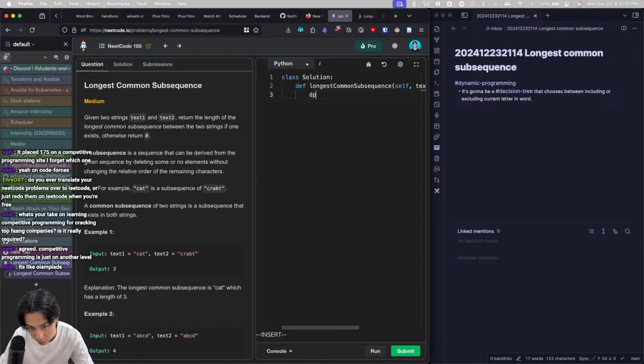So we're going to have a DP, longest common subsequence, for i in range, for j in range of text 2.